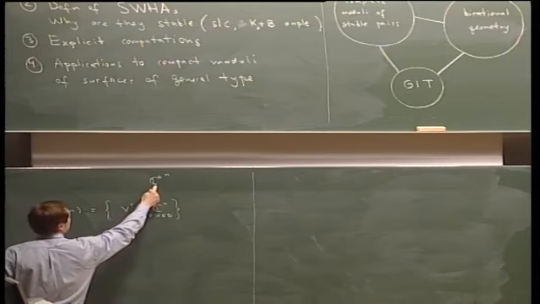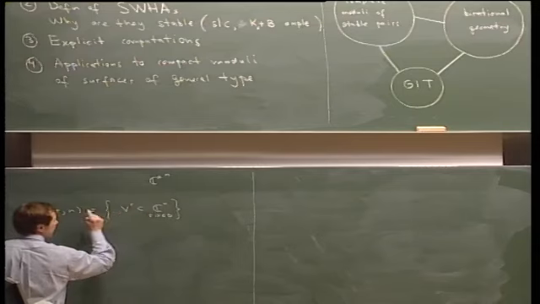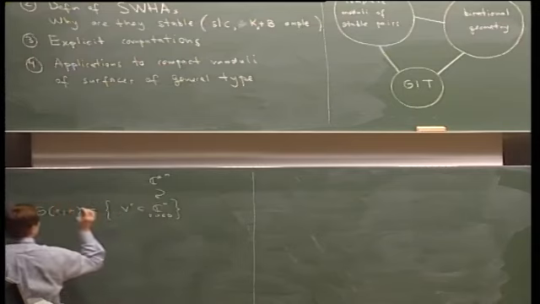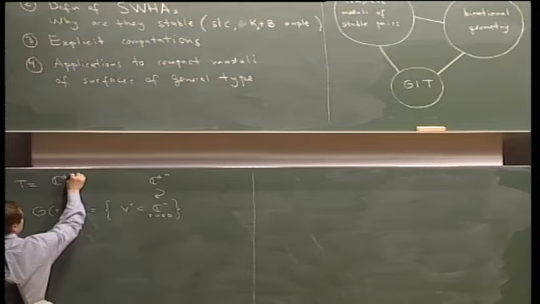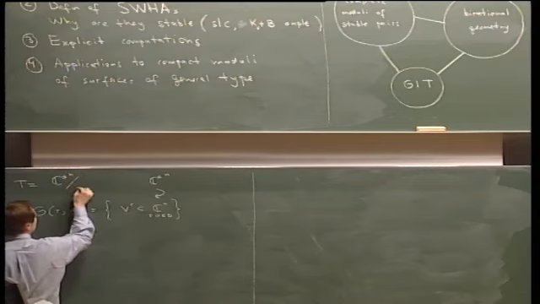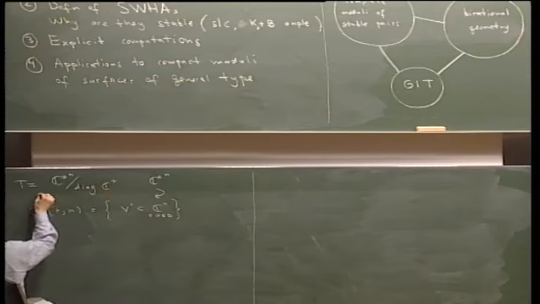The diagonal C* sends every vector space to itself. So if I consider the torus, which is (C*)^n modulo the diagonal C*, then we have a natural action on the Grassmannian. Okay, so that's the setup.